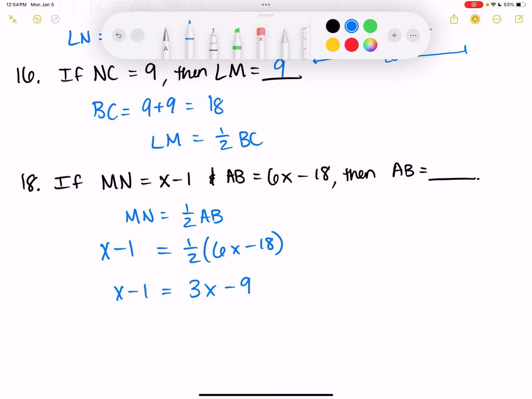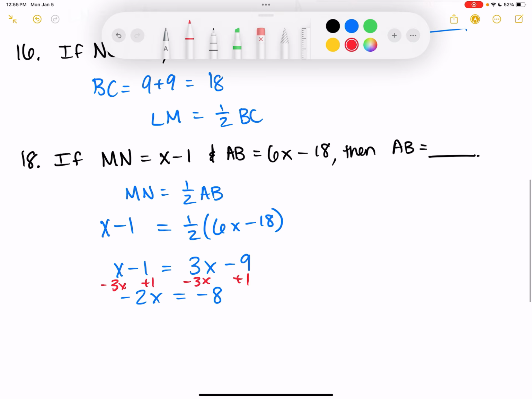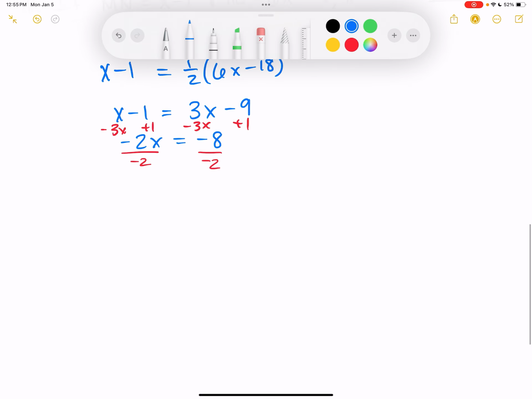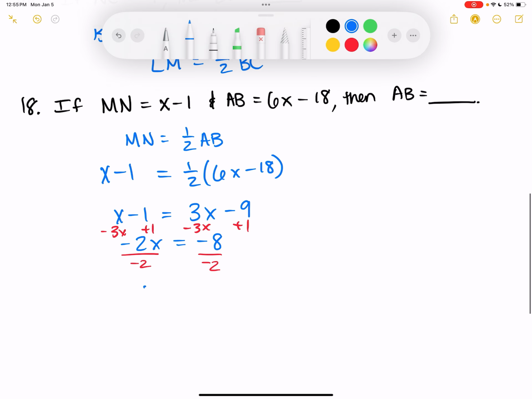So I get negative 2x, and I'm going to add the 1, is equal to negative 8. So that's what I did in that step there in red. And then we just need to divide by negative 2. So x is equal to positive 4.